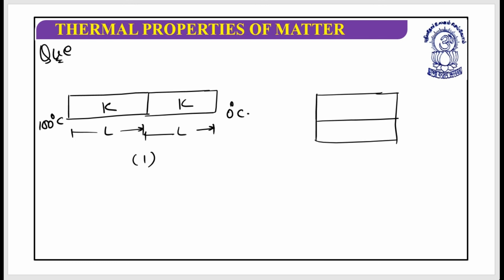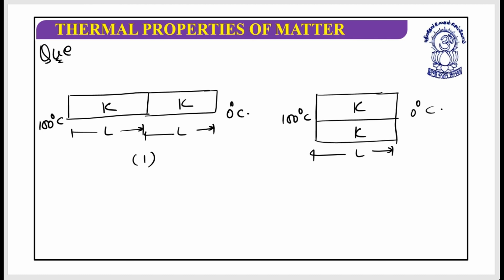In this situation this end was at 100 degrees Celsius and this end is at 0 degrees Celsius. The slabs are the same, so K would be the same, and definitely length and cross-sectional area will be the same.